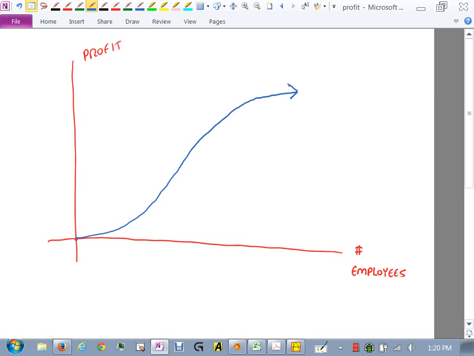Yes? You could tell me that for this function, the first derivative is always bigger than 0. Function's always going up. But there is a point here, somewhere around here, where your concavity changes, where you actually go from a smile to a frown, right?